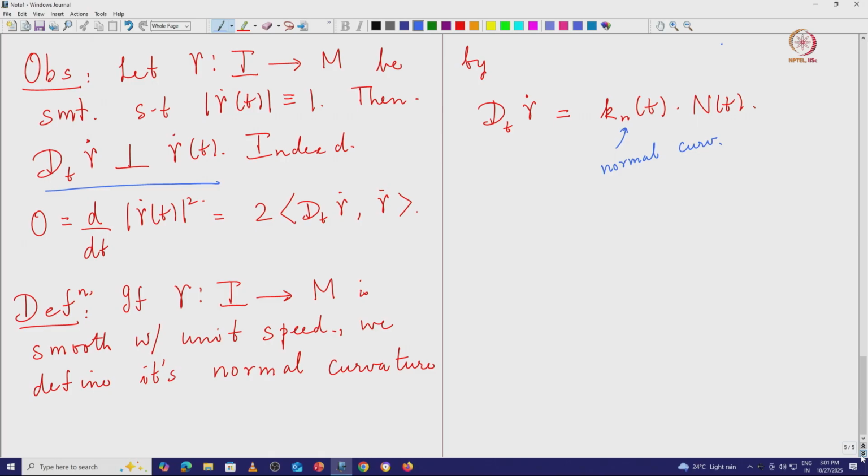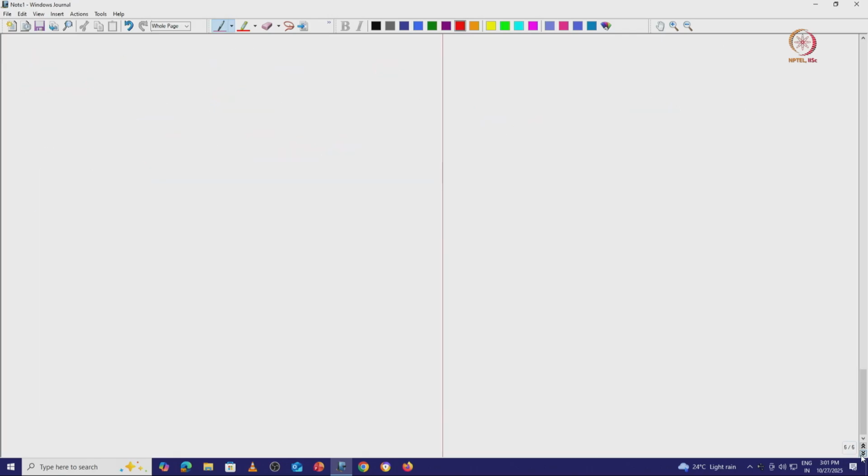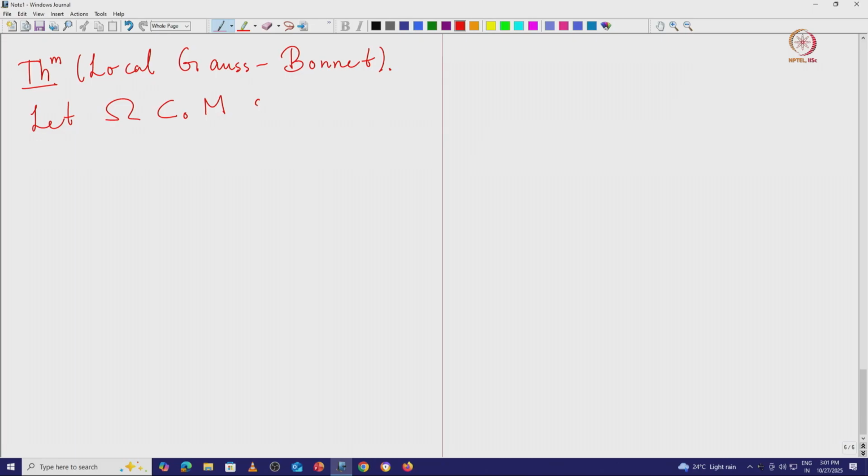Alright, so now I can state the local Gauss-Bonnet. So, maybe I will use a separate page. So, here is the local Gauss-Bonnet. Okay, so let omega be an open set in M such that, a couple of conditions.